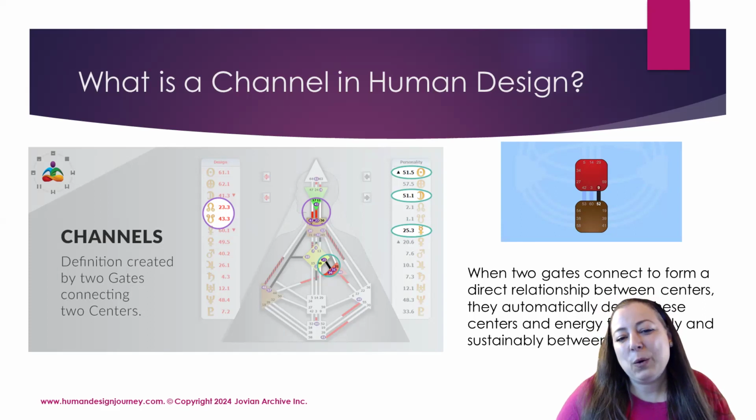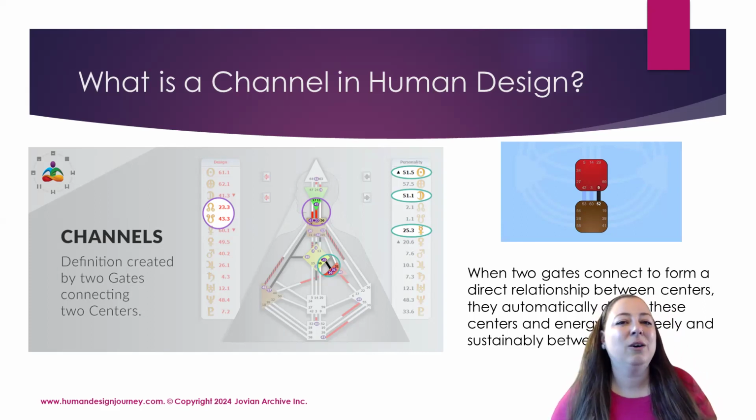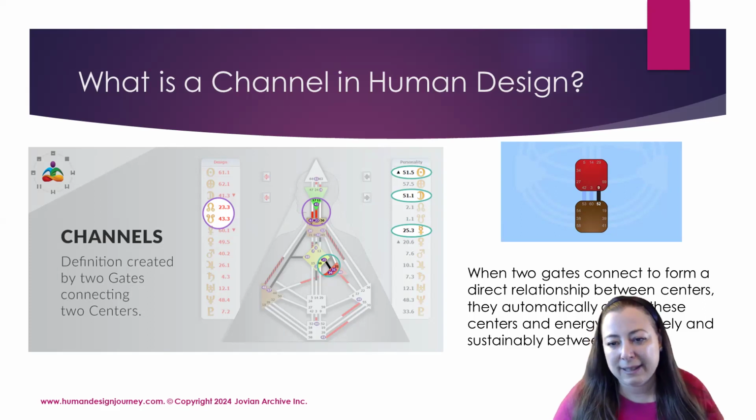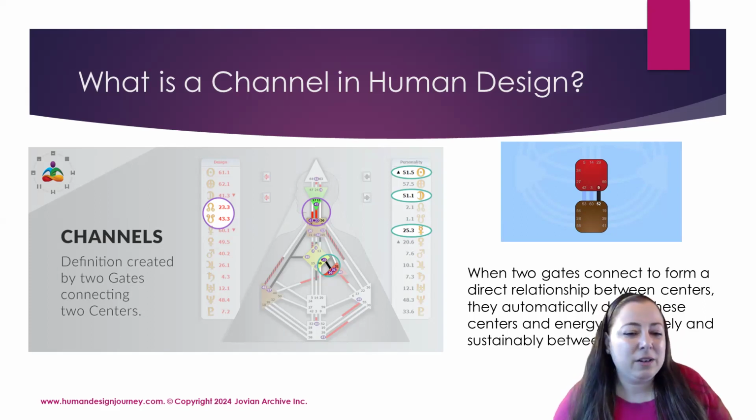And where it's colored, we call it defined in human design. It's something that is consistently there, it's going to be there all the time, so we can rely on that. So definition is in our chart.